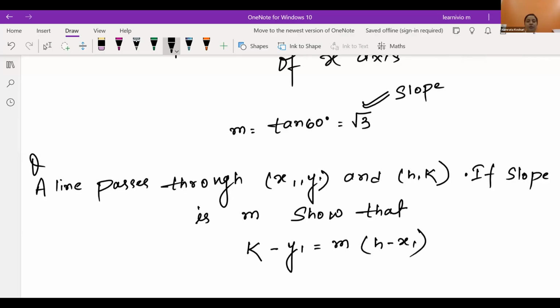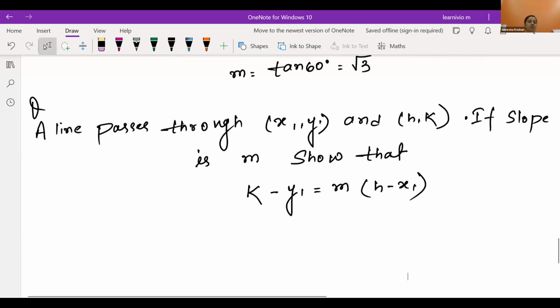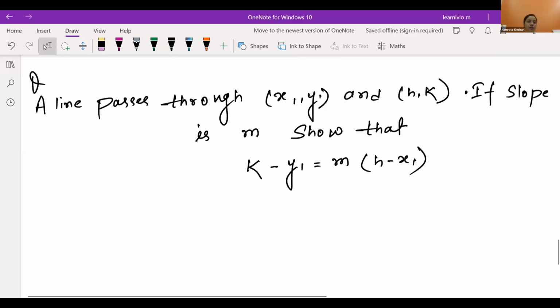A proof based question, very simple, very easy. Let's see. Okay, a line passes through these two points, x1 y1 and h k.